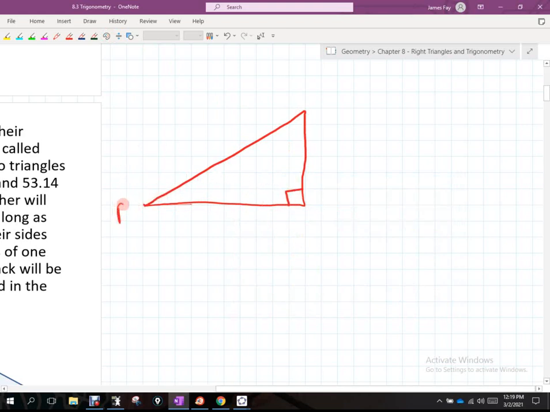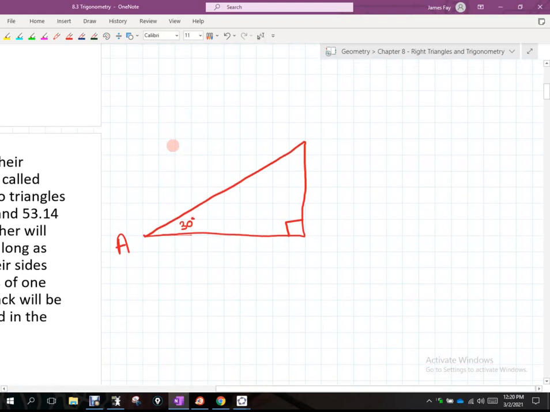Let's call this angle A. Just for convenience's sake, because of what we already know about special right triangles, let's say that this is 30 degrees. I don't want to put labels or sizes on this yet. Let's just say we've got that red triangle.